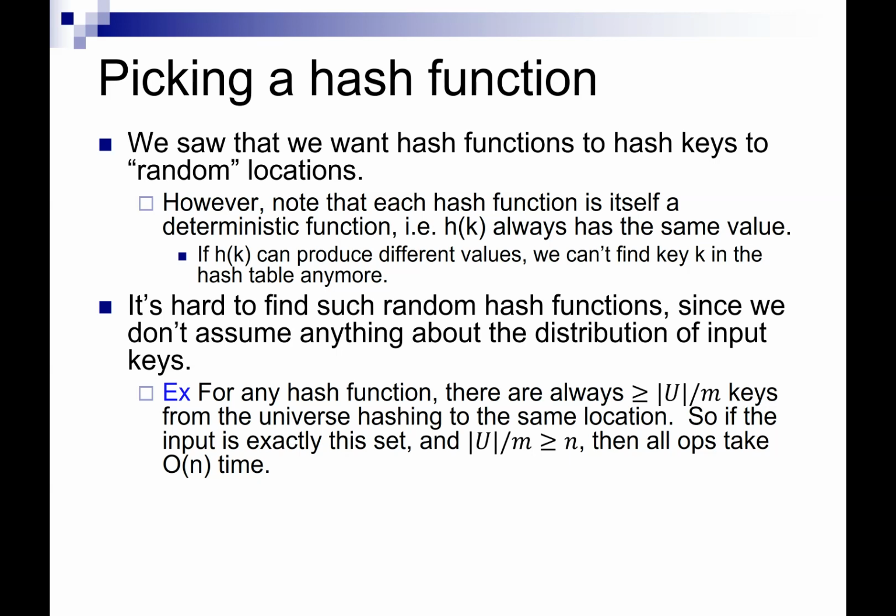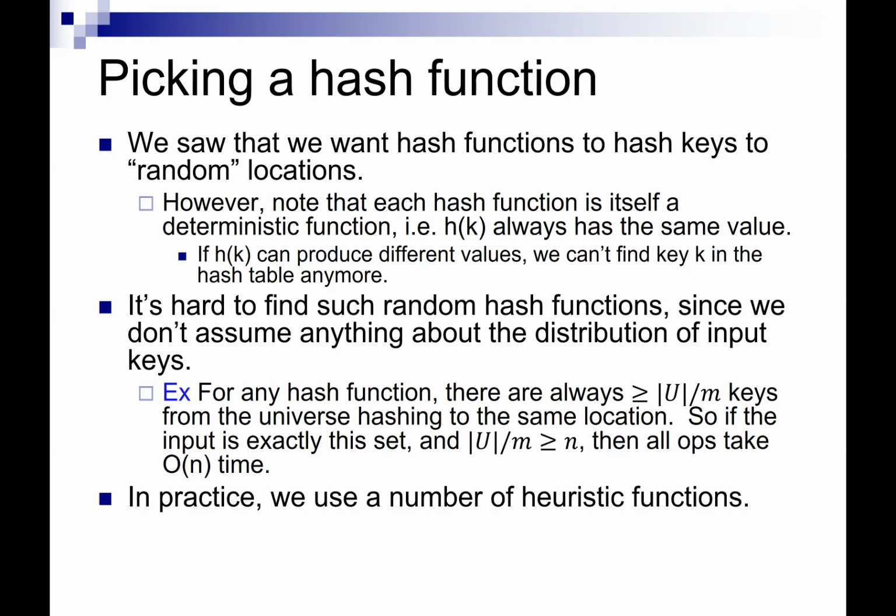So if you happen to have your input be exactly this set of u divided by m keys that hash to the same location, then all of these keys are going to go to the same location, and so now all of your operations are going to take this worst case order n time. Because we don't assume anything about the input distribution, we can't really claim that this won't happen. It is possible for this to happen.